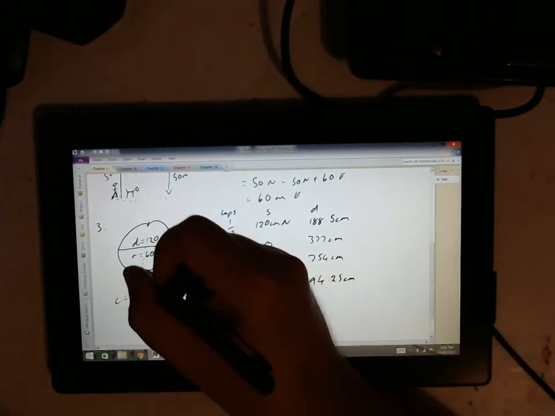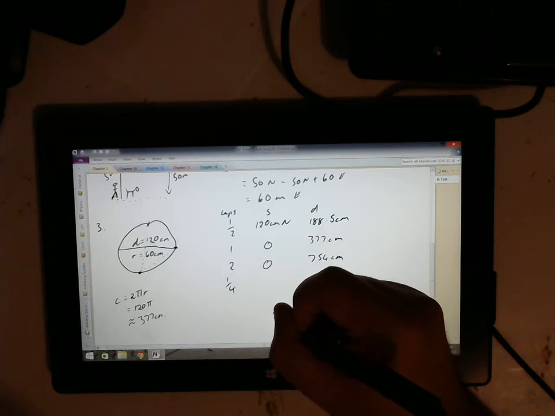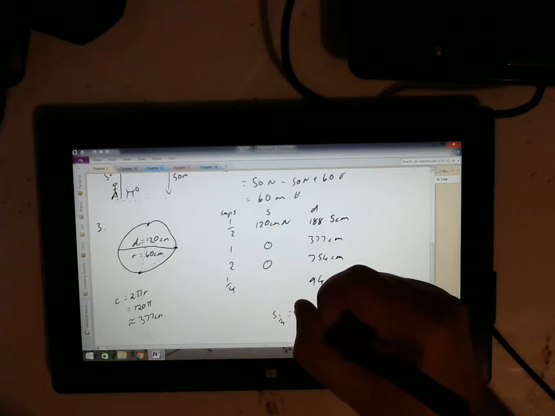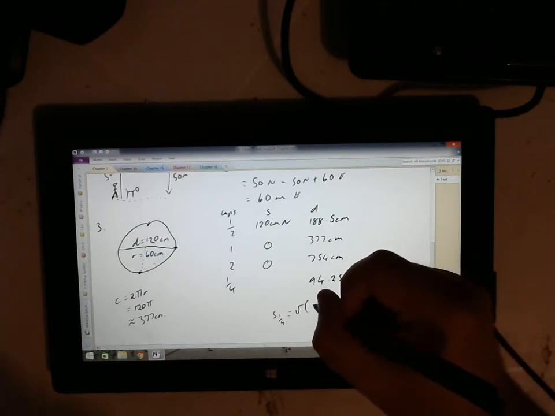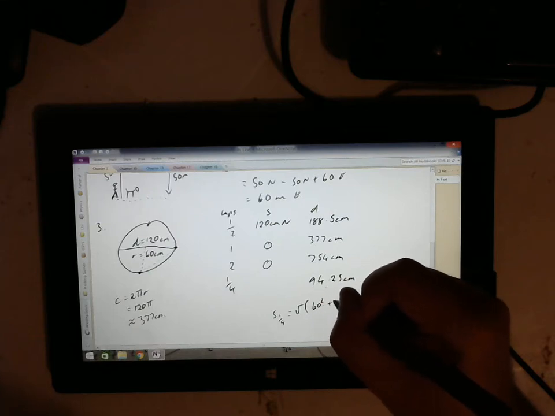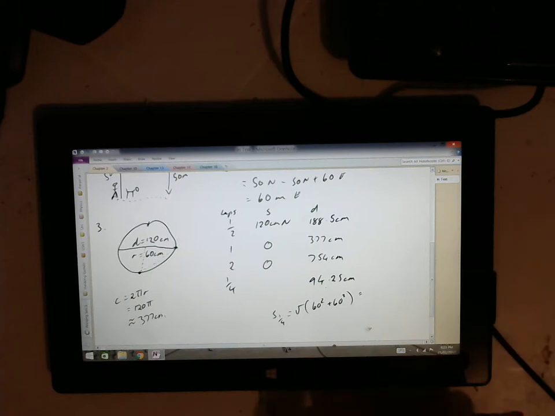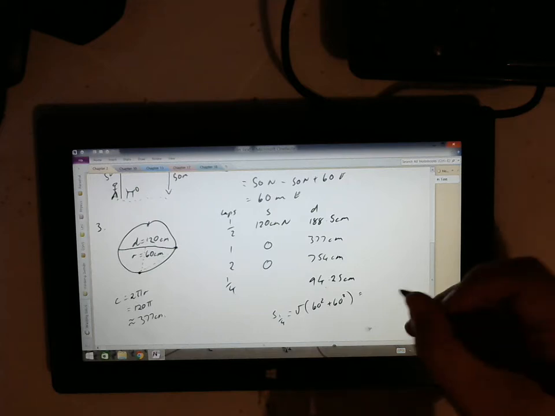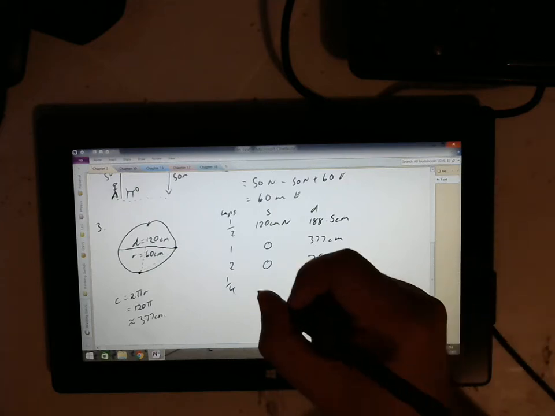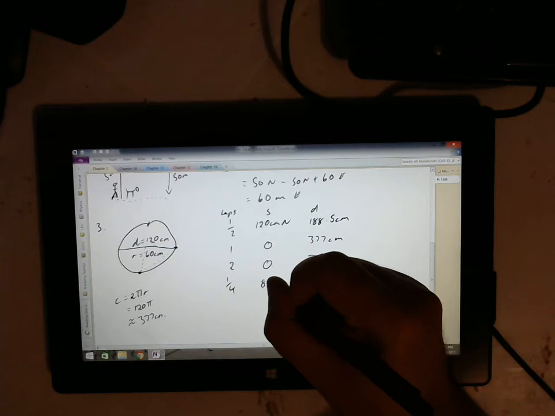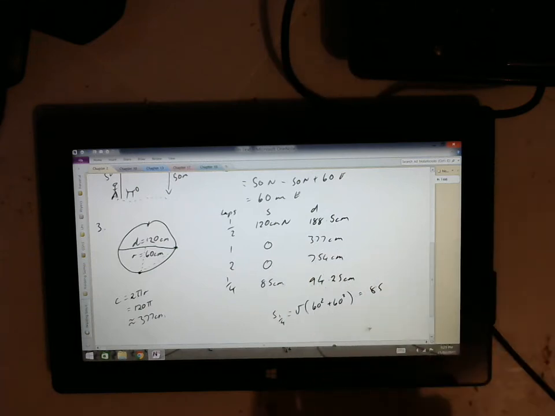So our displacement for 1/4 track is going to be Pythagorean theorem rearranged again, 60 squared plus 60 squared, which would equal 60 squared times 2, square root that, gives us about 85 centimeters, so let's do that. 85 centimeters.